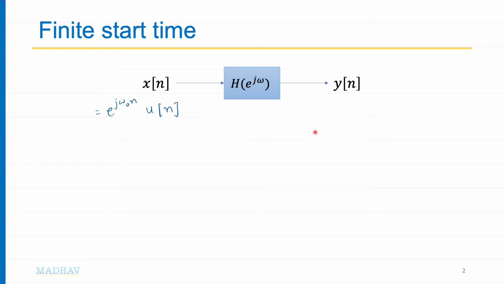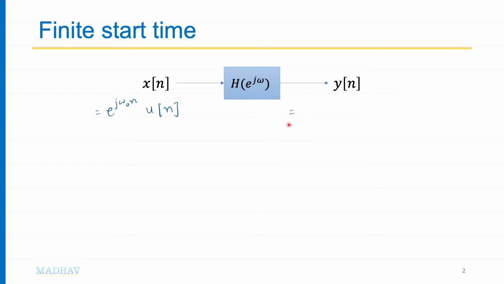As you might know from other studies in signal processing, you always have some transient response which slowly dies out, and then there is a steady state response, which is the eigenfunction: a scaled version of the input with a phase delay. So we are interested in finding the transient response because of this finite start time.